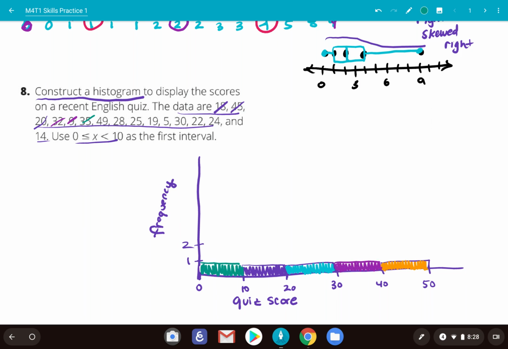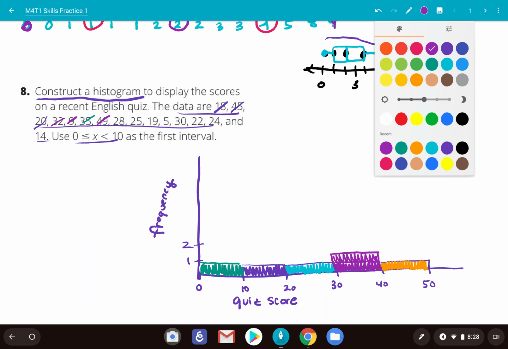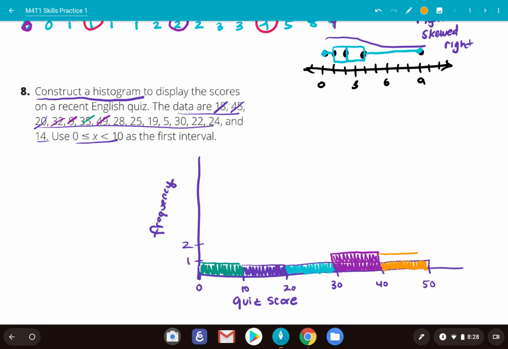And we have 35, which will go in this bin. 49 is going to be this one, 40 up to but not including 50.